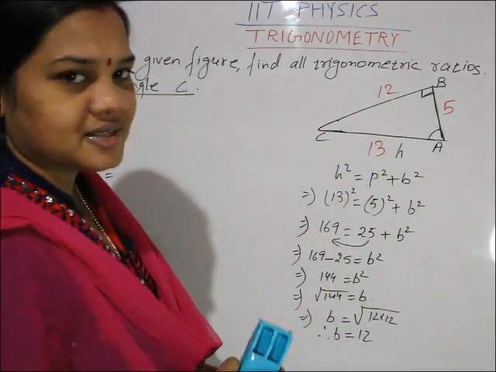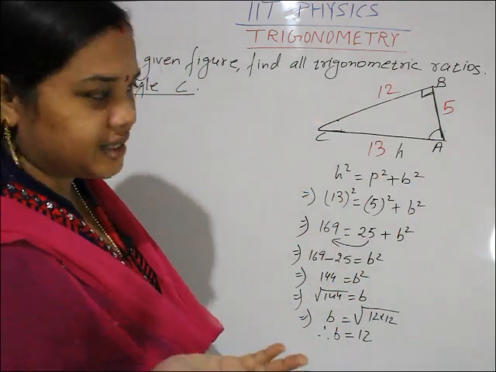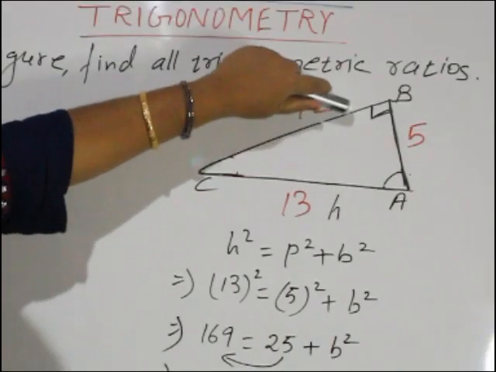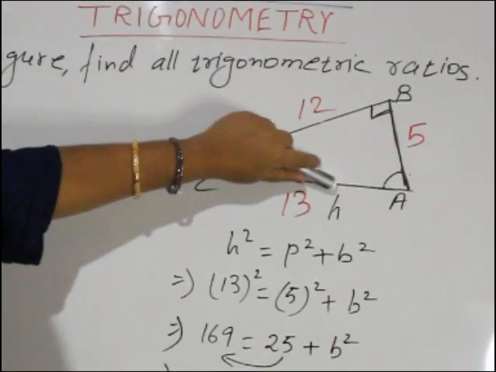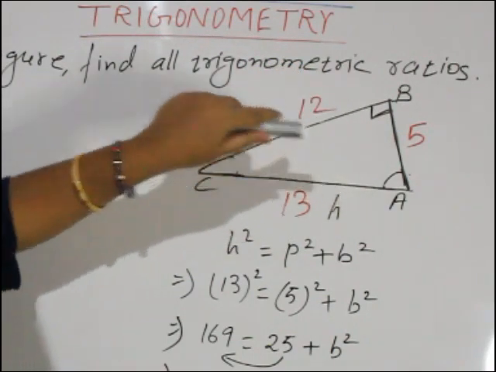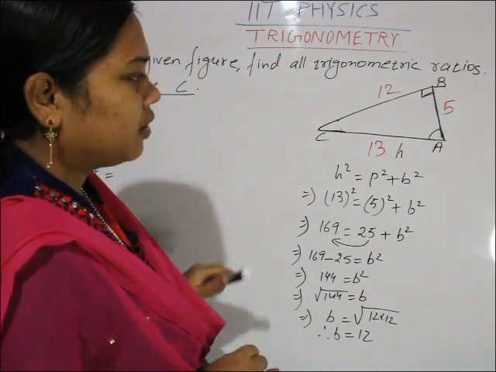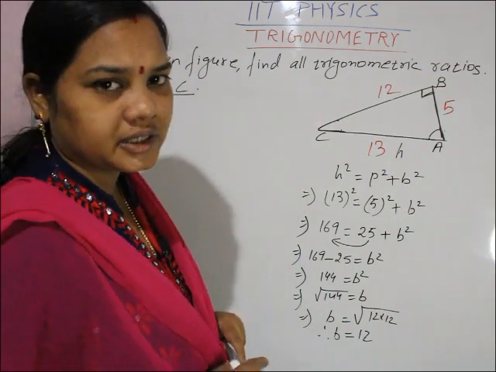H will remain the same, because the side opposite to 90 degrees is the hypotenuse. So the hypotenuse remains the same. There is no problem, only P and B will change.